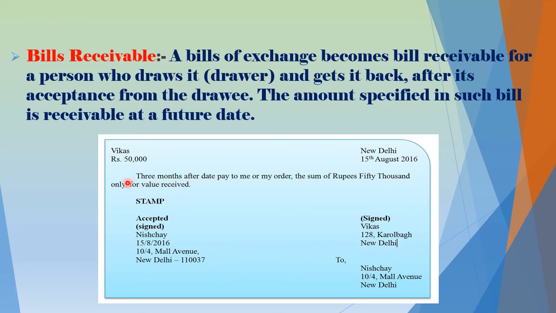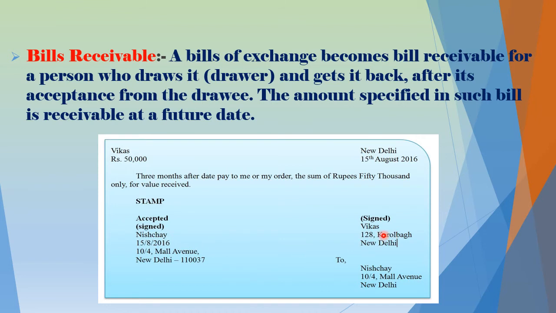So he writes down that after a specified date, 3 months after the date, Nishchay will have to give money.